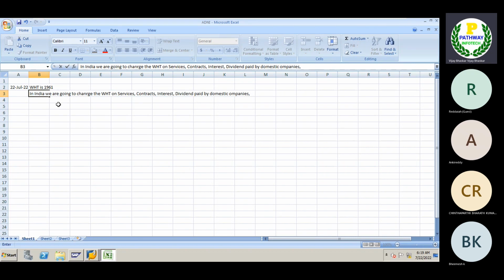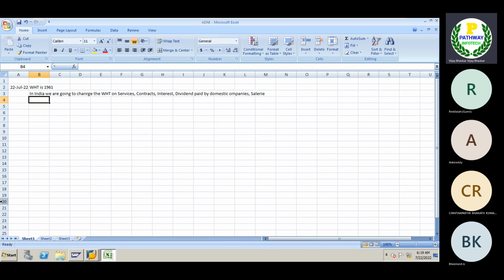It depends on the business scenario and the nature of the transaction. Even salaries, I forgot: on salaries also we are going to charge withholding tax. All this depends on the scenario.